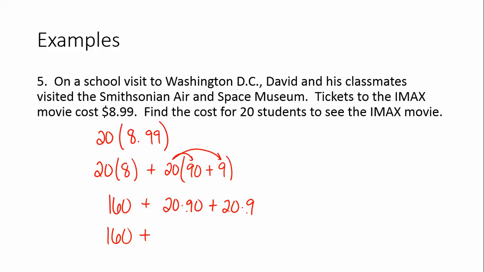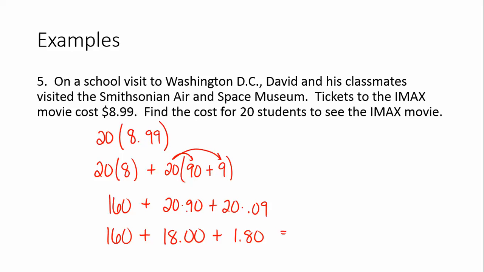So 20 times 90 is 1,800, but we've got 2 decimal places, so that's going to be another $18. And remember that this is 0.09. So let's do 20 times 9 first, which is 180, but it's actually only going to add $1.80. So now we have $160 plus $18 plus $1.80.